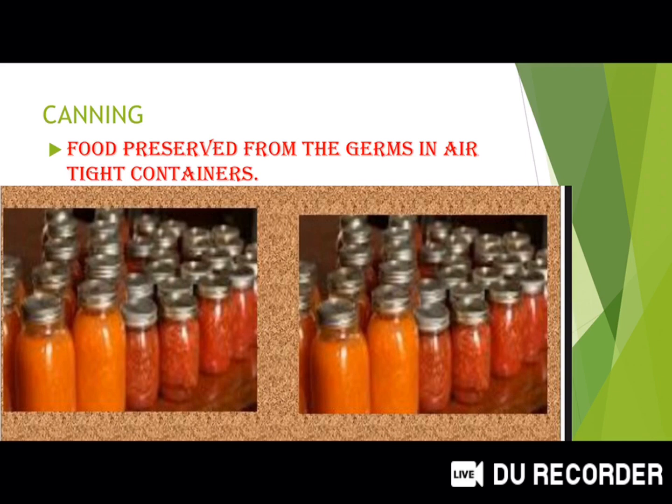It is the process of applying heat to food that is sealed in a jar in order to destroy any microorganisms that can cause food spoilage. So by this method we can preserve the food items.